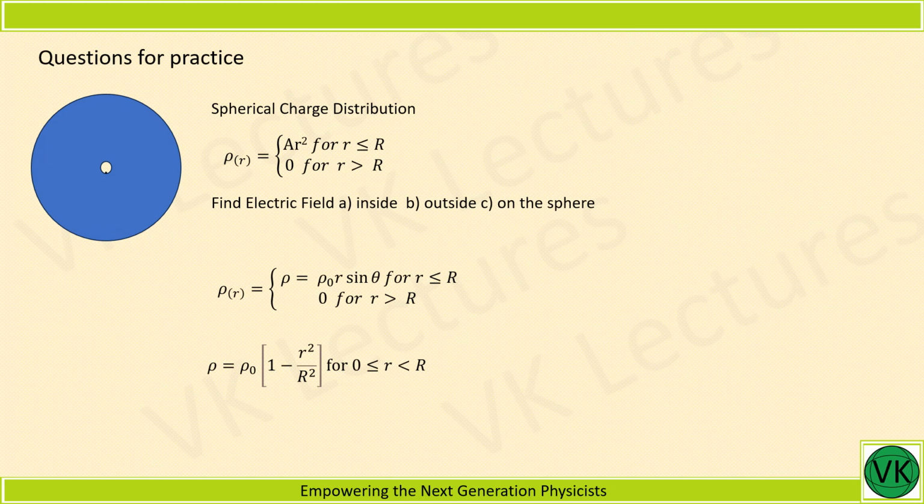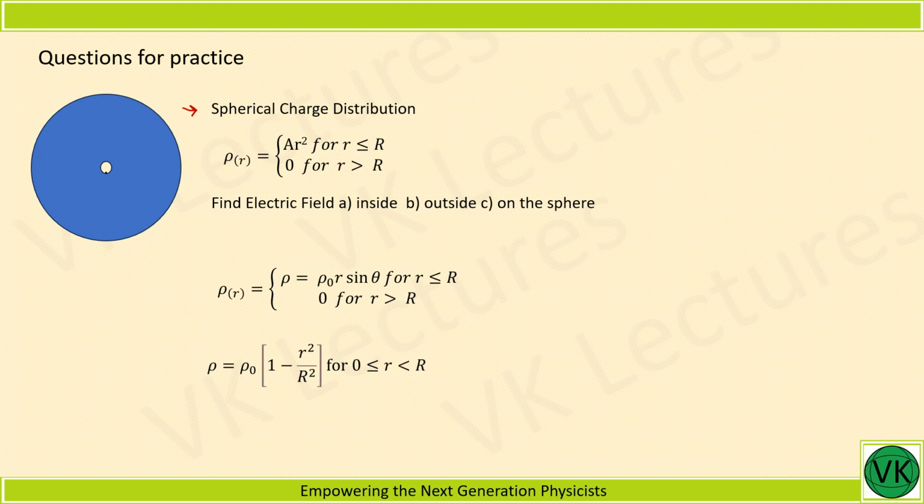Here are some questions for practice for spherical charge distributions. First, rho of r is equal to A r squared for r less than or equal to R, and otherwise it is 0, and we are asked to find the electric field inside, outside, as well as on the sphere.